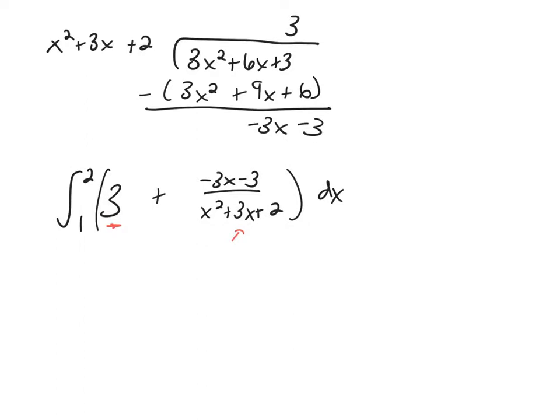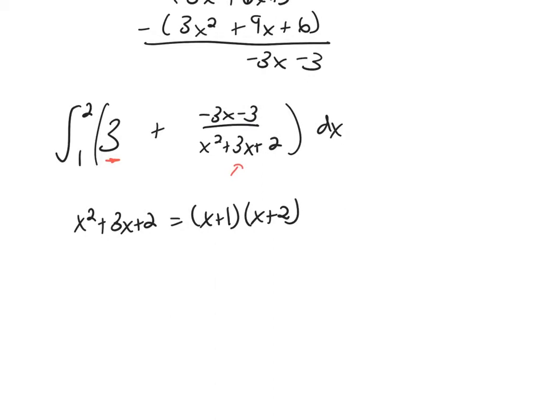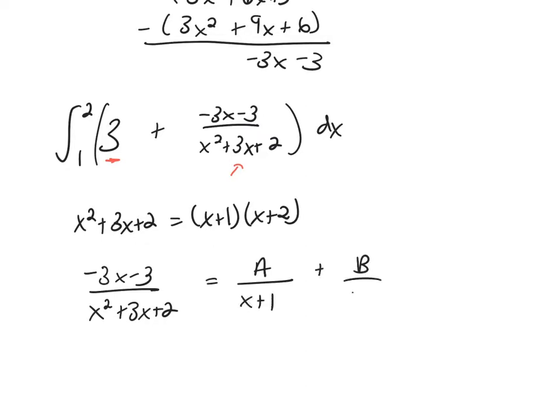So factor the denominator. x squared plus 3x plus 2 factors into x plus 1 and x plus 2. And now we're going to set up our fractions. Negative 3x minus 3 over x squared plus 3x plus 2 equals a over x plus 1, plus b over x plus 2.